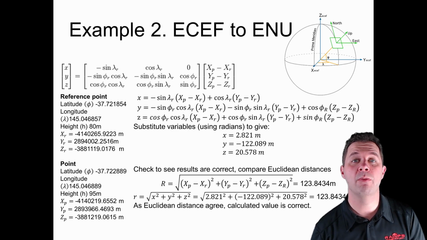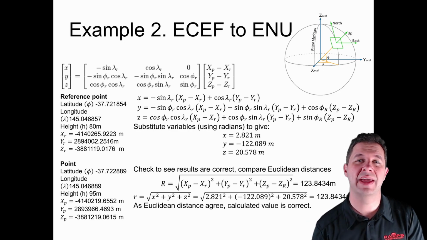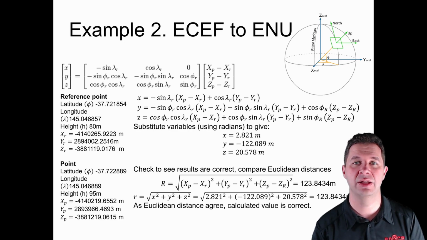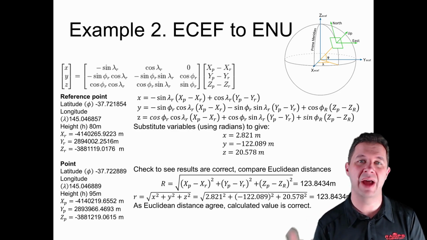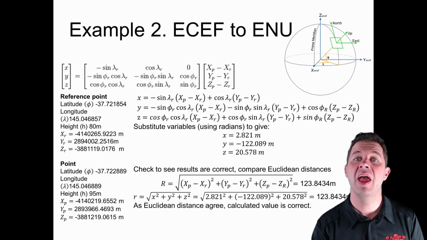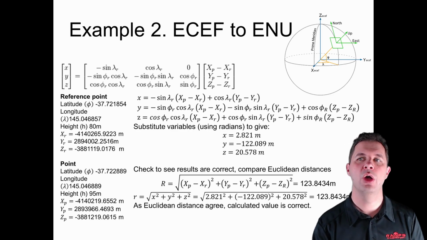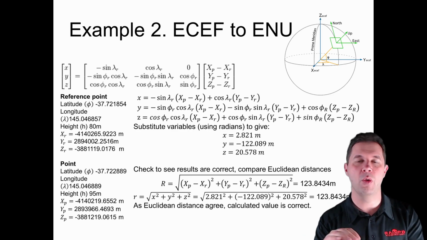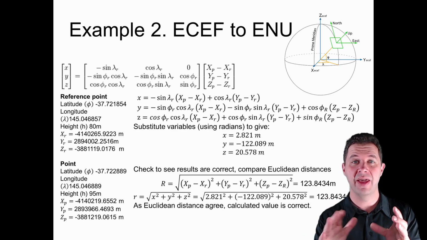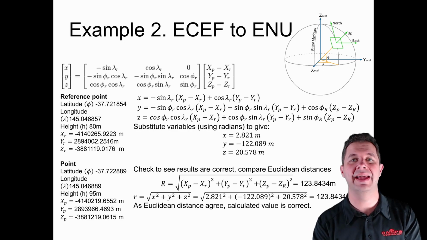So we can multiply out our matrices there to work out what our values or our equations for X, Y, and Z in the ENU are going to be. We can then substitute all our values in, using radians for each of these values. And that will give us an X, Y, and Z value of the point that we're interested in with reference to that reference point, which is, remember, at the center of our ENU plane.